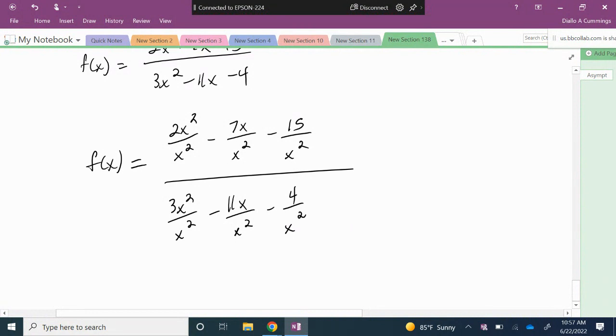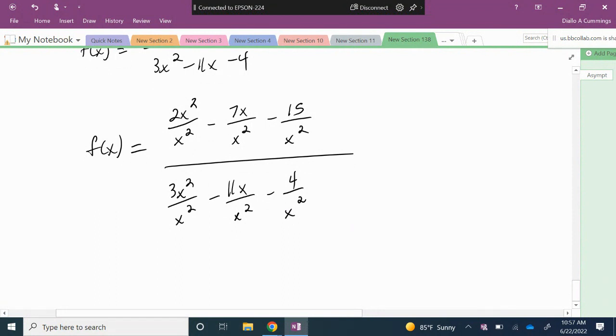So once we divide everything by the variable of greatest degree, now we're going to reduce. Keep in mind, if it does not reduce to a number, it materializes to 0.